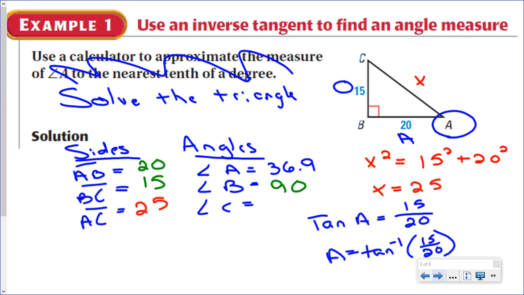Okay, so I got angle A done. Now I got to go with angle C. Inside a triangle is 180 degrees. If you take 180, take away 90, you'd be left with 90. So I'm going to be taking 90 minus 36.9. 53.1. And those are all degrees, guys. So the triangle is solved, all of the sides and all of the angles are done.